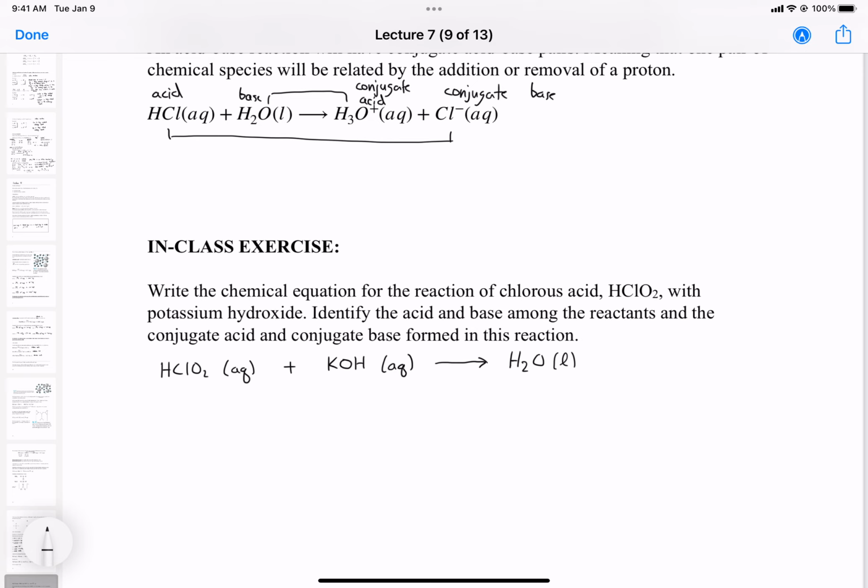They'll always give us a neutralization reaction here. And then remember, it's a double replacement. So hydrogen is combining with hydroxide, and then the chlorite ion is combining with potassium, so we get KClO2.